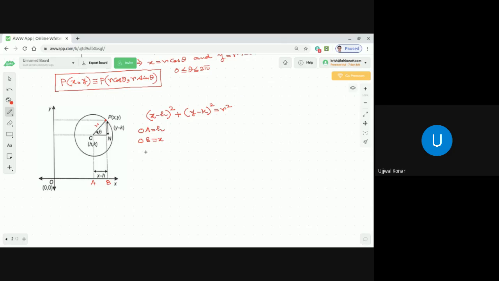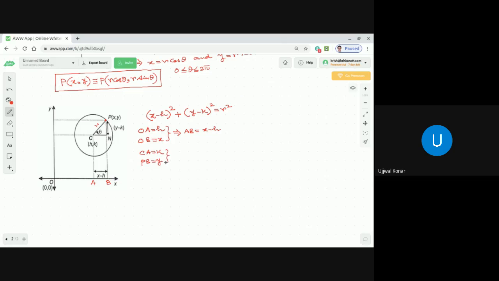We get CA is equal to k, because the y coordinate of the point C is k, and we get PB is equal to y, because it is the y coordinate of the point P. Now from these two pieces of information, OA is equal to h and OB is equal to x, what can we get? We get AB is equal to x minus h, isn't it, dear students?